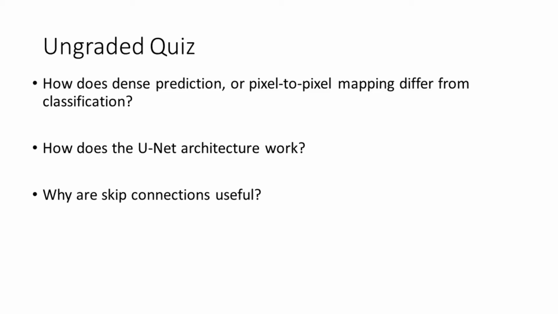Now I'll have someone answer these other 2 questions. How does the UNet architecture work, and why are skip connections useful?